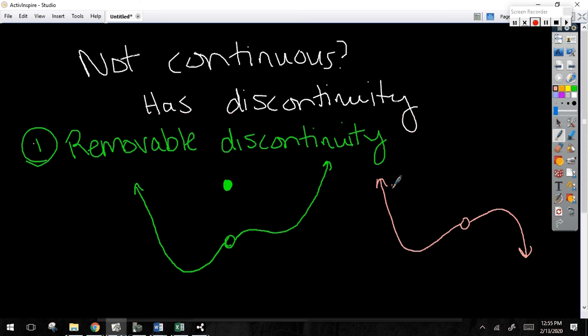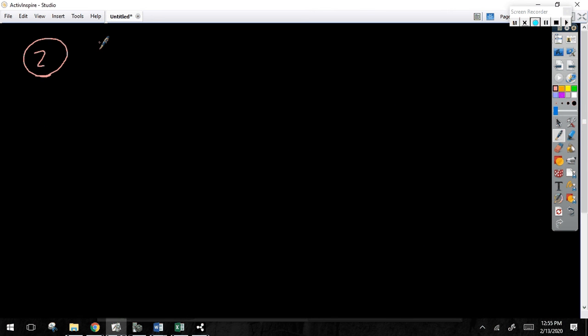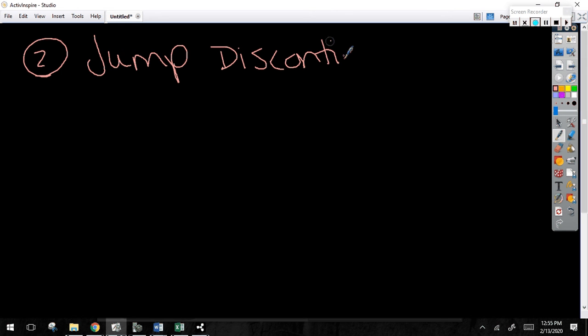All right, then we have what we call, this is my favorite one, a jump discontinuity. So a jump discontinuity, I kind of already drew it for you.